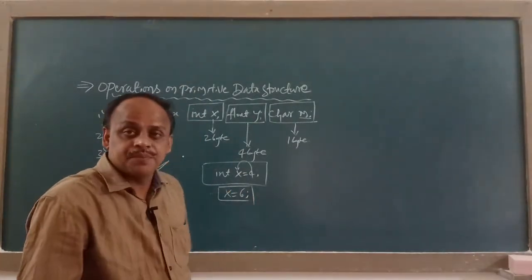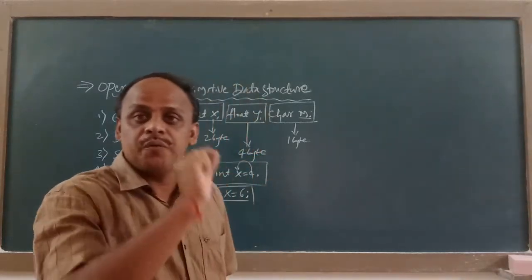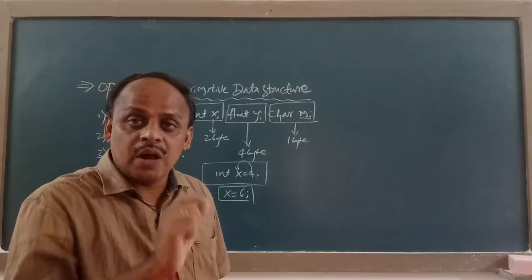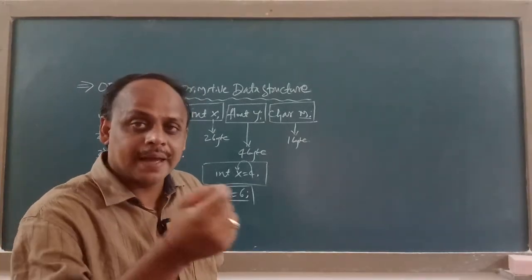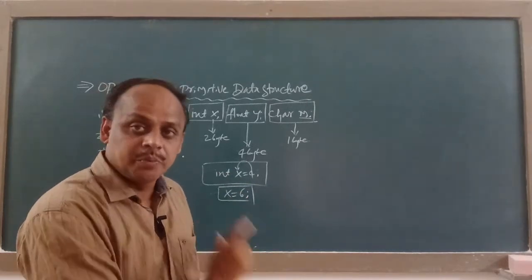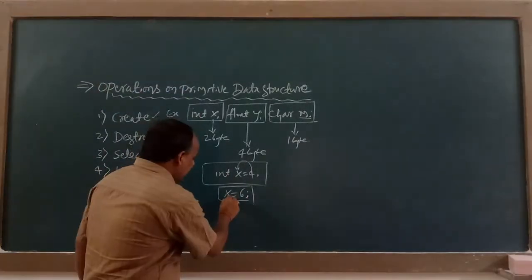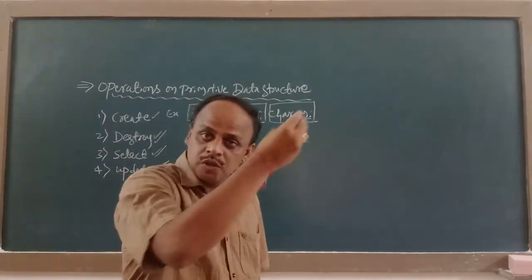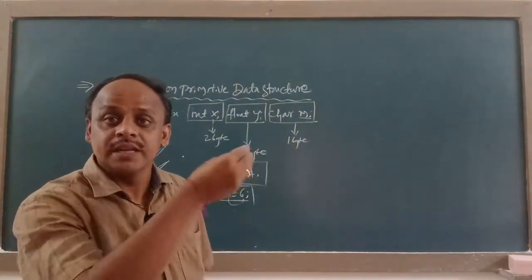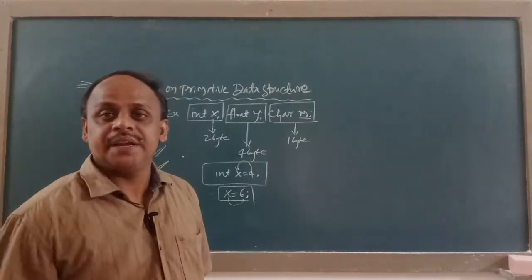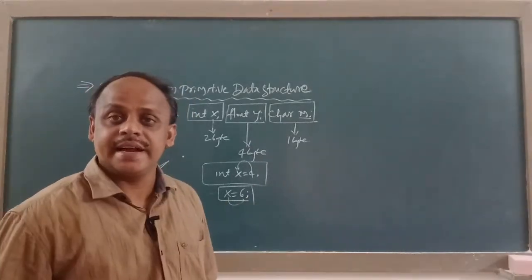The previous value of x is 4. Now with the help of the assignment operator I am assigning a new value, that is 6, to x. It means the x value is changed from 4 to 6. It means the x value is updated. The x value is altered, right?